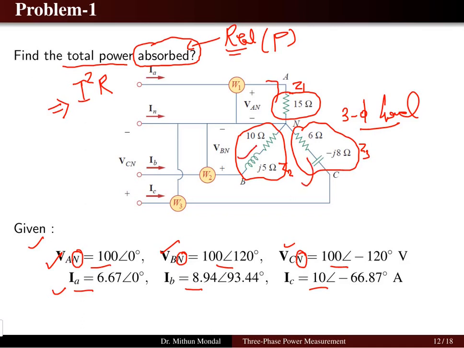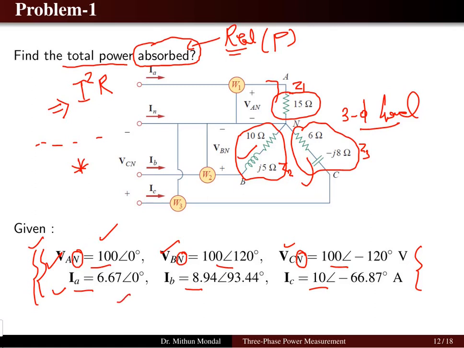These voltages and currents may have been computed in some other part of the problem on the left hand side. So we are considering that these data are known to us. If you remember, we have already discussed this problem in the previous tutorial problems on three-phase circuits, where we have computed this data.